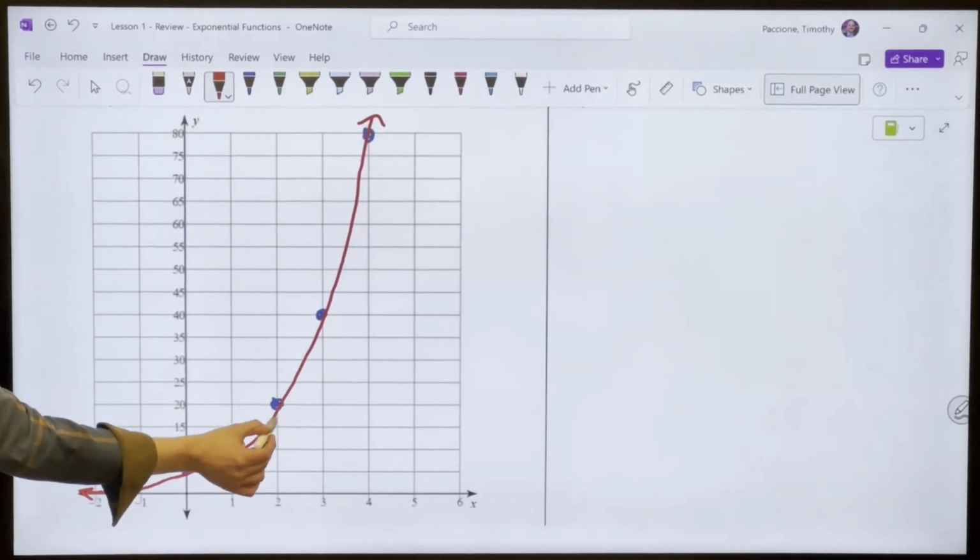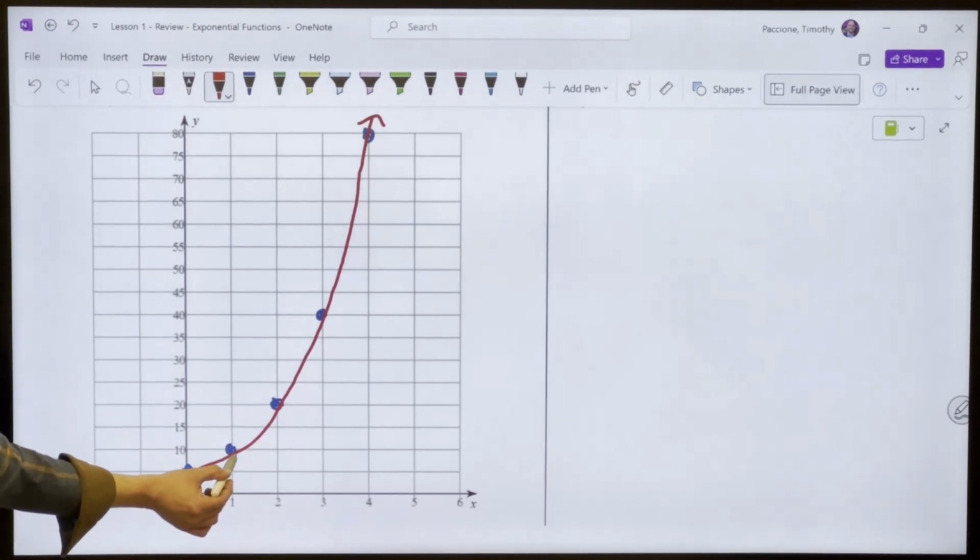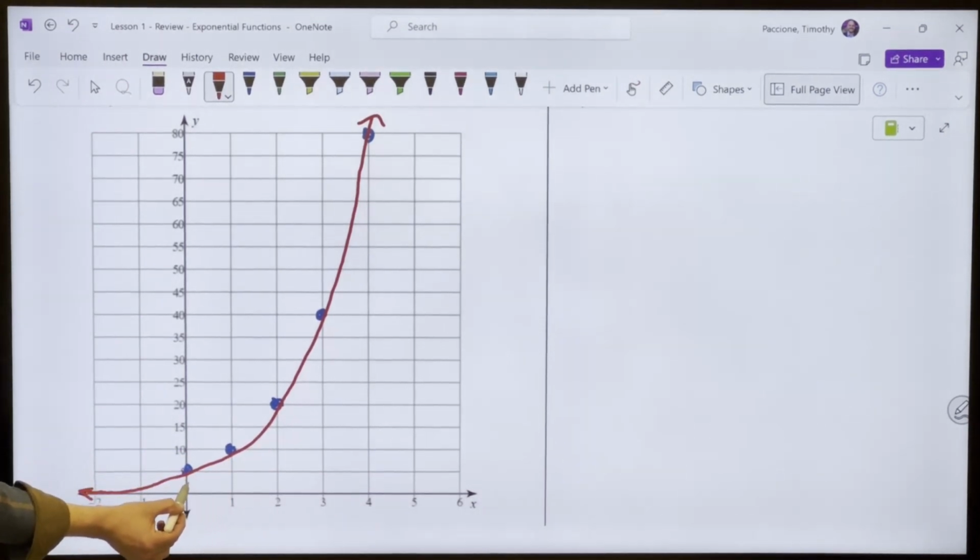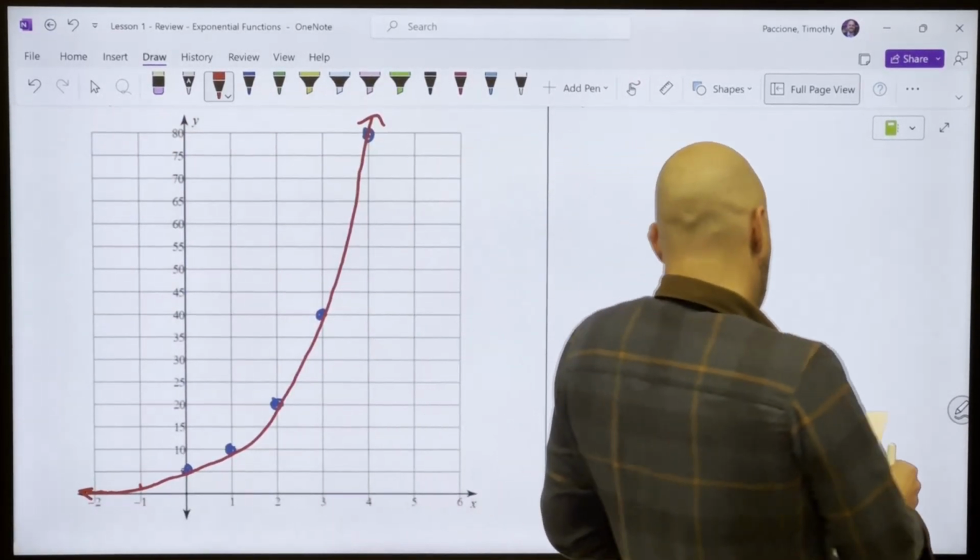Instead of multiplying, we divide. Okay, so I divided by 2 and I got 5. Now divide by 2 again. Then divide by 2 again. Divide by 2, divide by 2, divide by 2. Are we ever going to get to 0? No. It's going to be tiny. You can't even tell the difference between it and 0 because it's so small on a graph, but you'll never cross. Good.